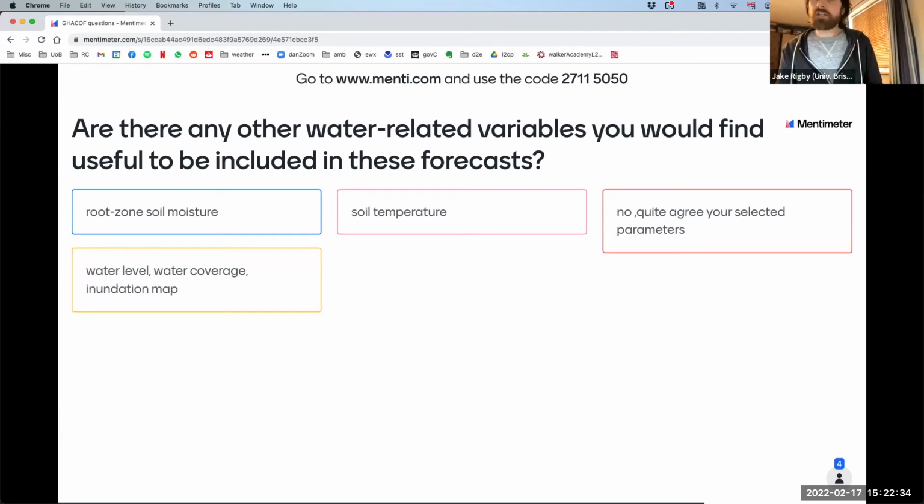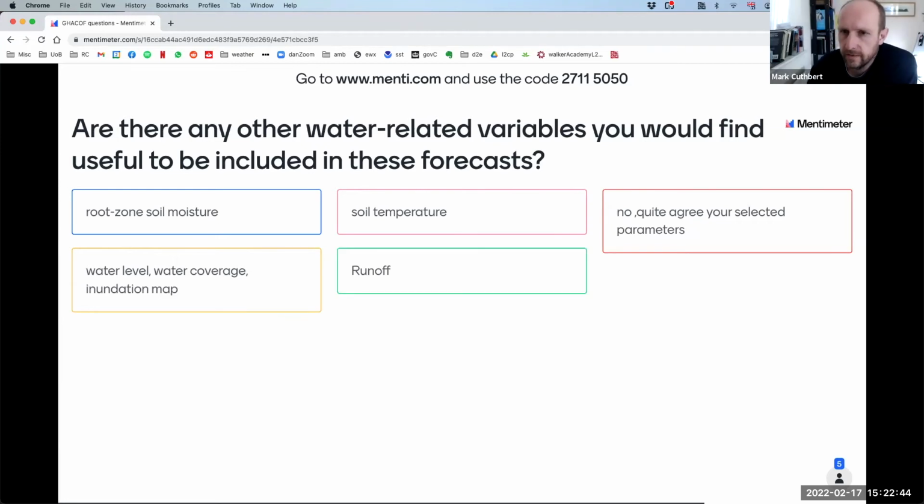Wait, sorry, Jake. Mark, because he's leading the model development team, may want to comment further on that point. I was just going to say, when we go to the regionalization, the anticipation is that we would include large water bodies in the model, so we'd certainly be able to get inflows and outflows of those.